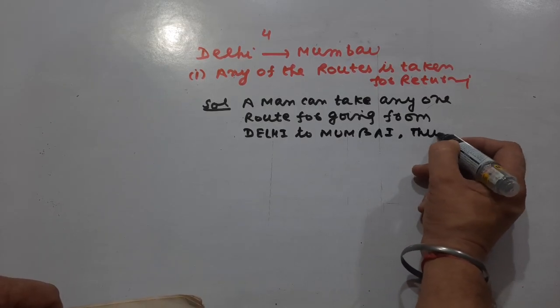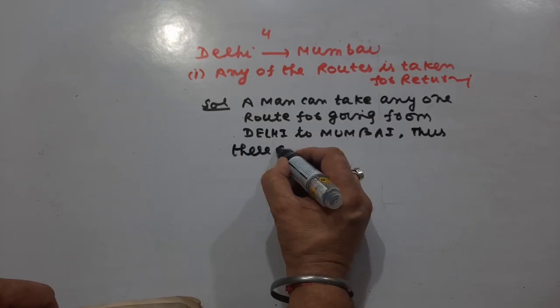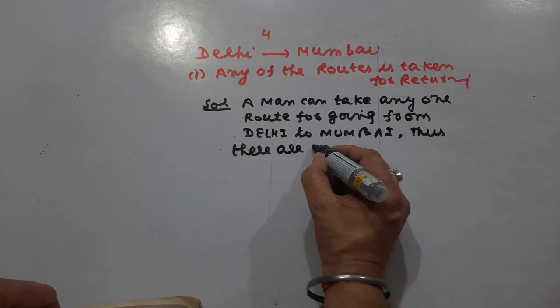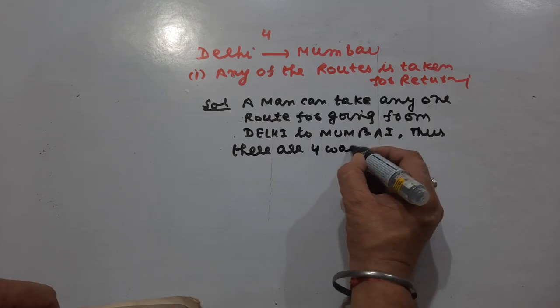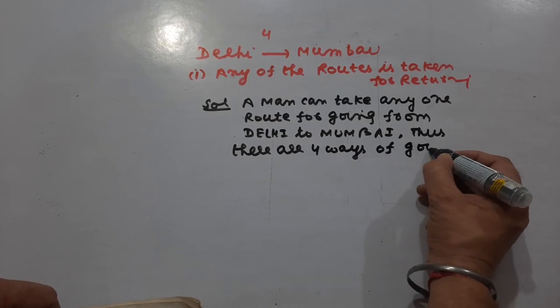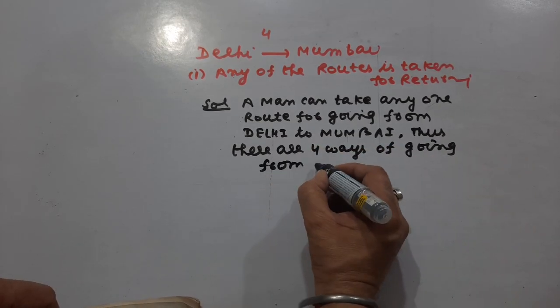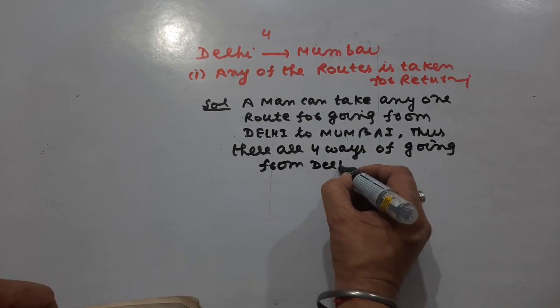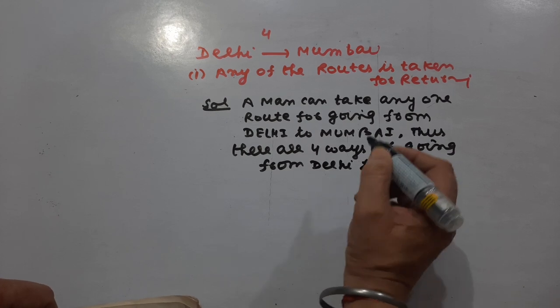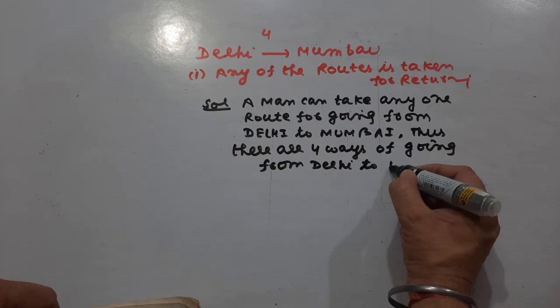So there are 4 ways of going from Delhi to Mumbai. हमारे पास 4 रूट्स हैं. सो इट मीन्स देयर आर 4 वेज ऑफ गोइंग फ्रॉम दिल्ली टू मुंबई.